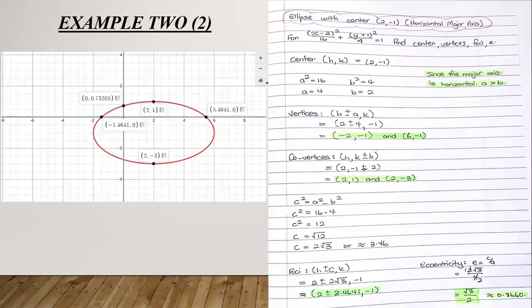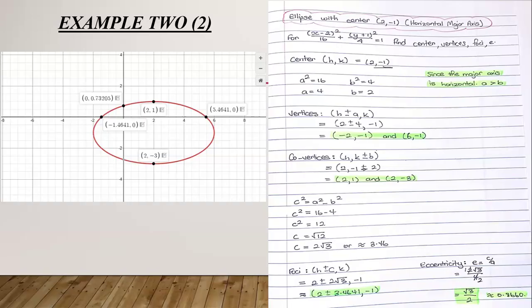So the center, by looking at the terms in the parentheses, we find the center at 2, negative 1. And since the larger denominator here is 16, we know that it's a horizontal ellipse. All right, so we have to calculate the semi-major axis.